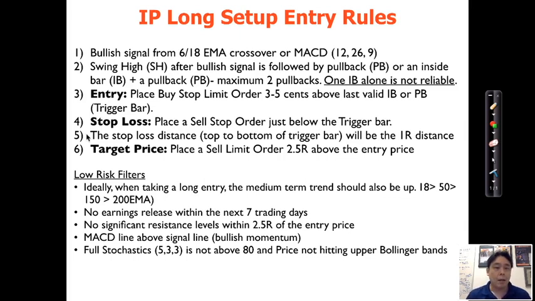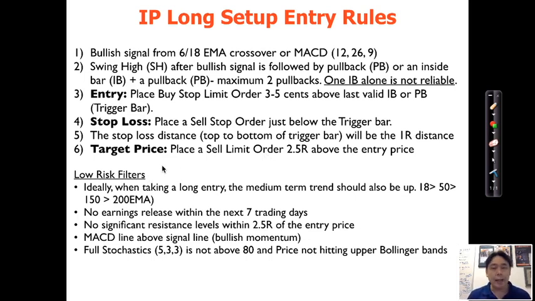The stop loss distance will be 1R, which is the difference from the entry price to the stop loss. We will then put a target price, which is a sell limit order 2.5R above the entry price. I'm going to explain it with the charts in a short while.